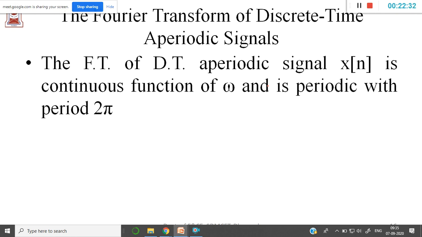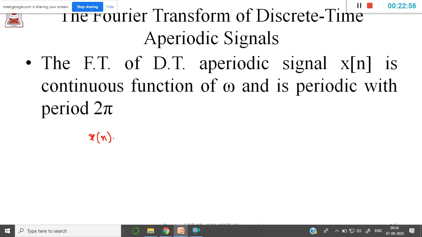Read out the sentence. The Fourier transform of discrete time periodic signal x of n is continuous in omega and is periodic with period 2 pi. What did you understand from this? Let me take a very good example here.